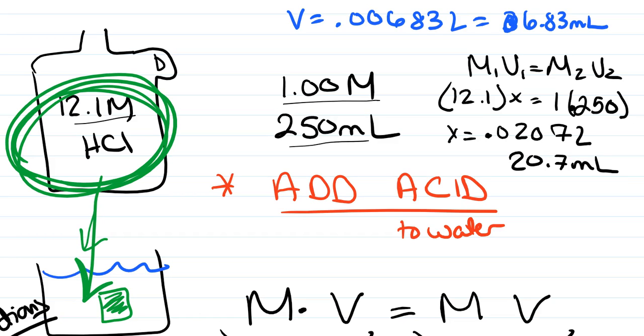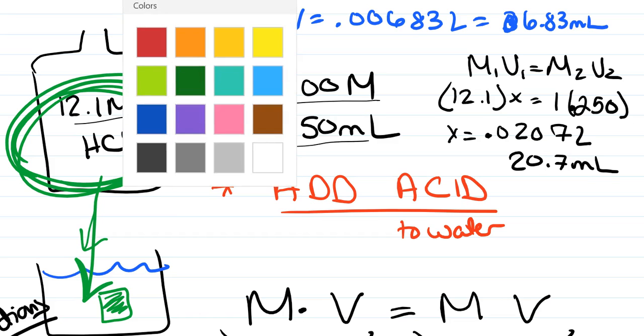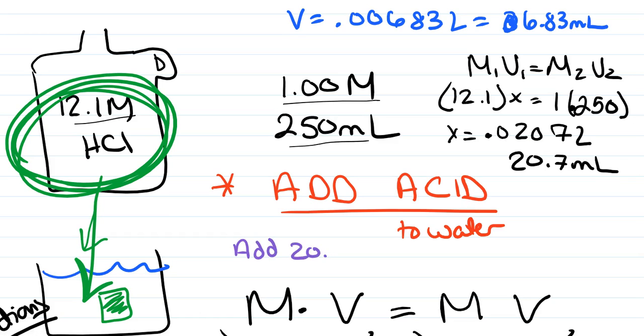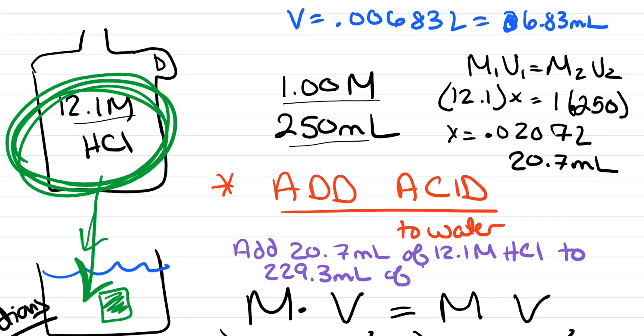Okay. So if I were asked for directions on how to do this, what I would say would be: add 20.7 milliliters of 12.1 molar HCl to 229.3 milliliters of water.